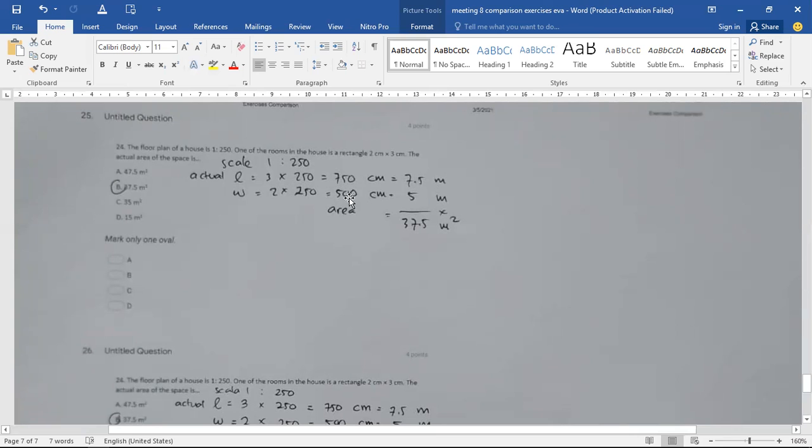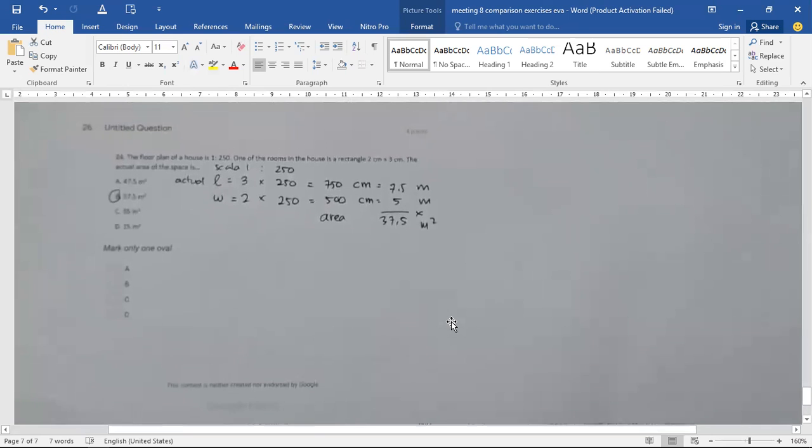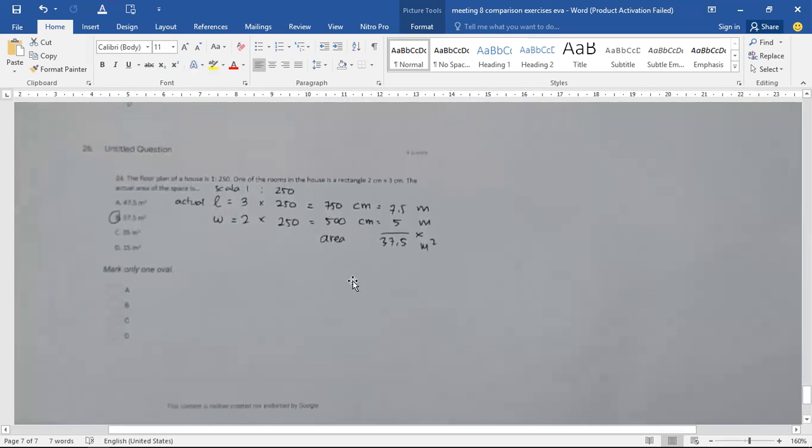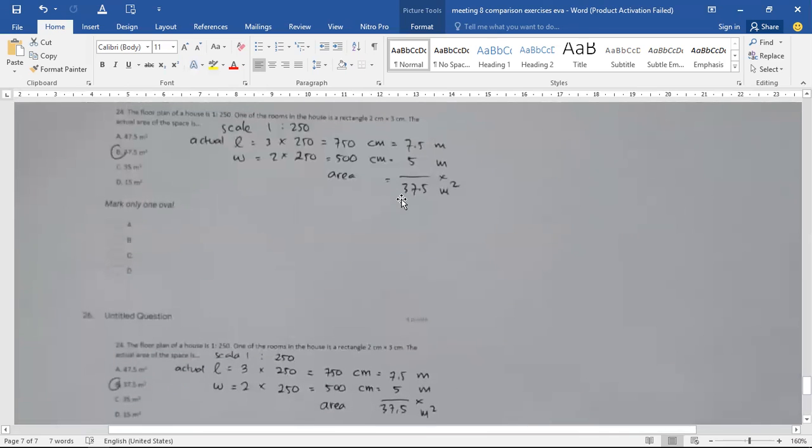So 7.5 and 5 meters here. So 37.5 square meters. Then number 25 and 24 are the same question as the previous one.